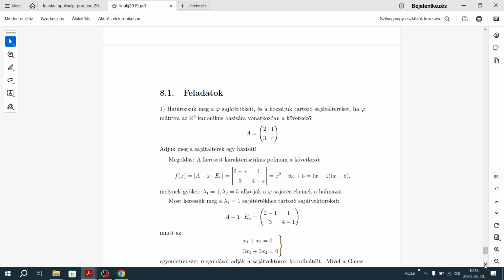I'm looking for a vector that fulfills this equation, and it means... and here it's interesting.